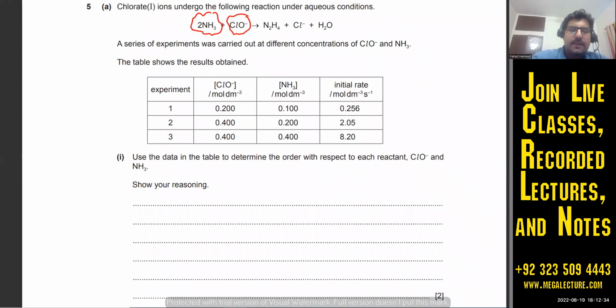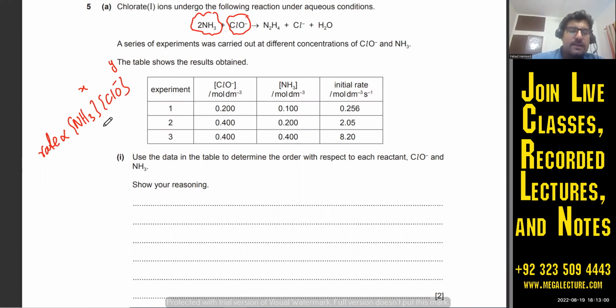So that indicates the rate of the reaction depends on these two things. It depends on the concentration of NH3, and I have no idea how it depends on that, and it depends on the concentration of ClO-, and at the moment I have no idea how it depends on that. So I don't know what the order of the reaction is.